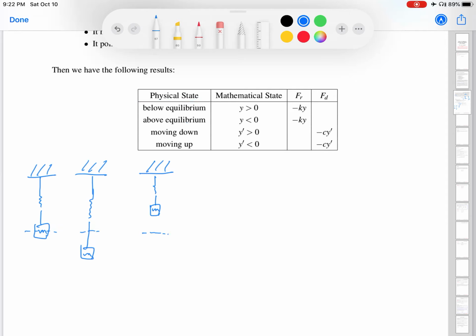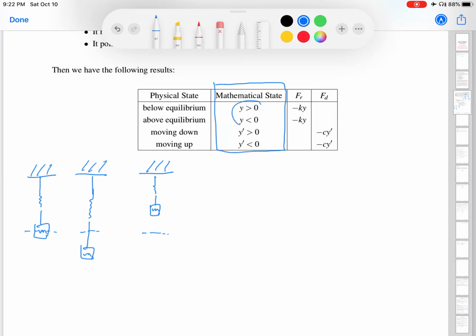Okay, so the way this table is set up is, first column here, I'm giving you the physical state. If you went into a lab and you tried to see what this system looks like, this is what you would see. You would make observations of the form, it's above equilibrium, it's moving up, it's moving down, right? Those sorts of things. If you then try to translate those observations into some mathematical form, this is what you might come up with.